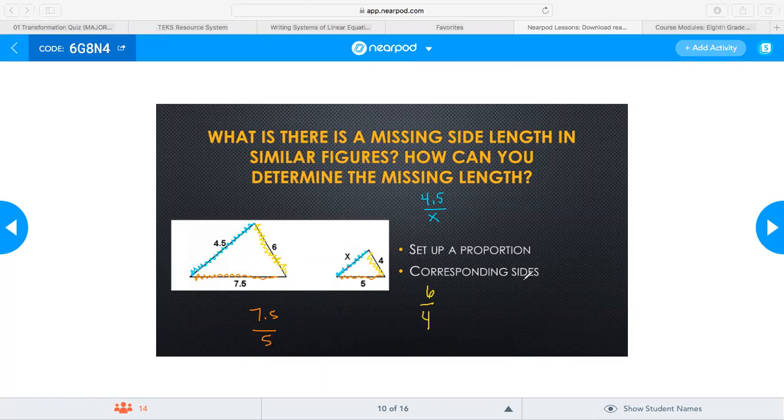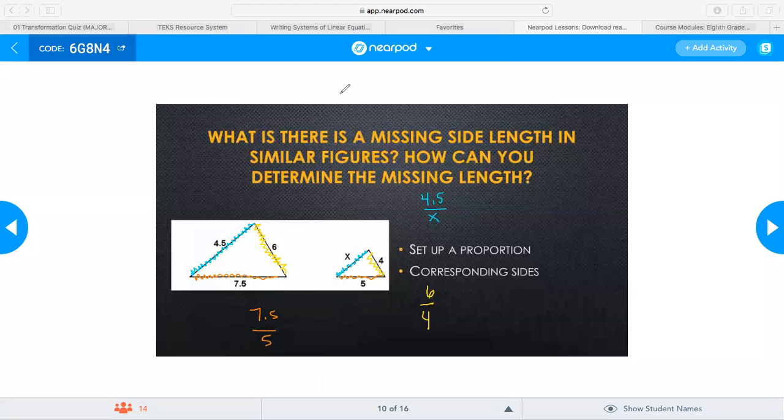Does anyone have any idea of what I could do to figure out that missing X? Carolina? You can do a proportion. Can you tell me, you multiply 4.5 and 4, and then you divide it by 6. Okay, so you want to set up a proportion between these two ratios right here.